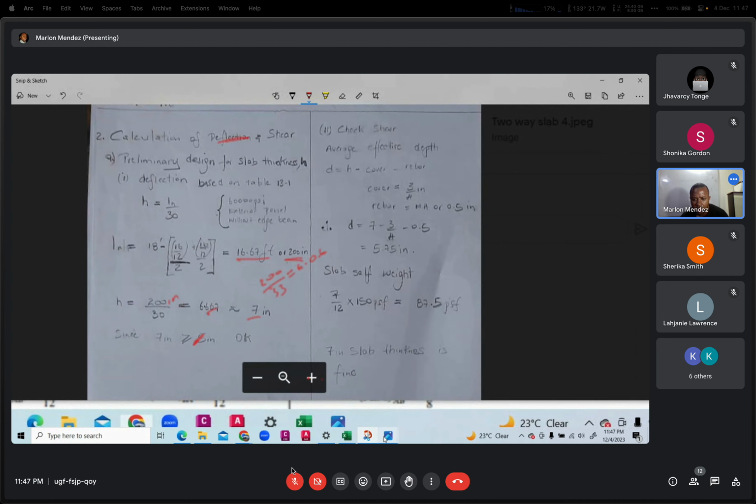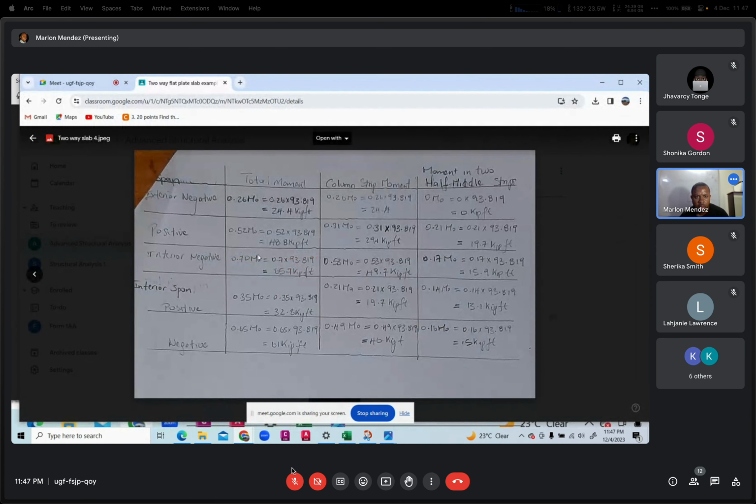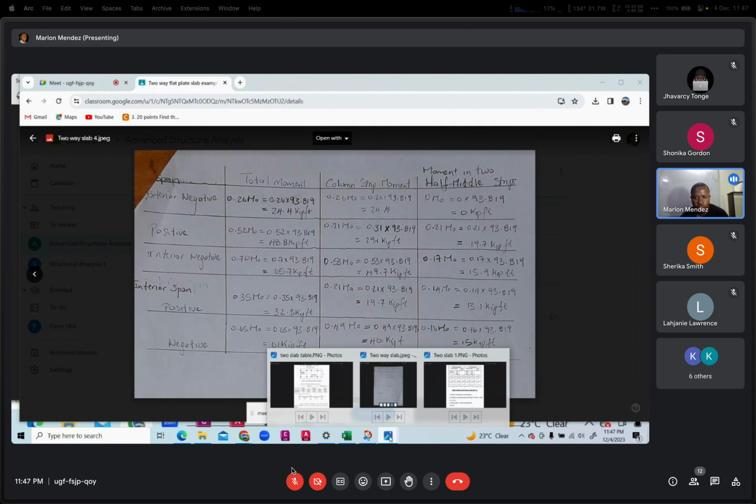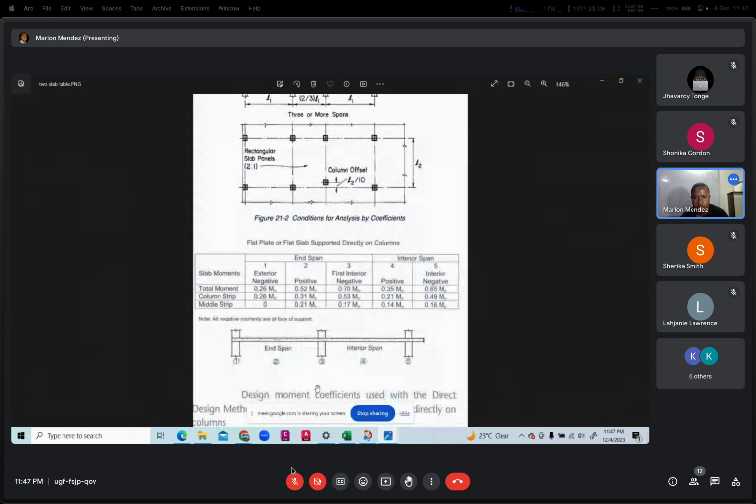No. Okay. Oh, see it here. All right. So the interior negative, where is it? So this is it basically. So the interior negative. So the total moment that you have gotten, then the column strip, then the middle strip.